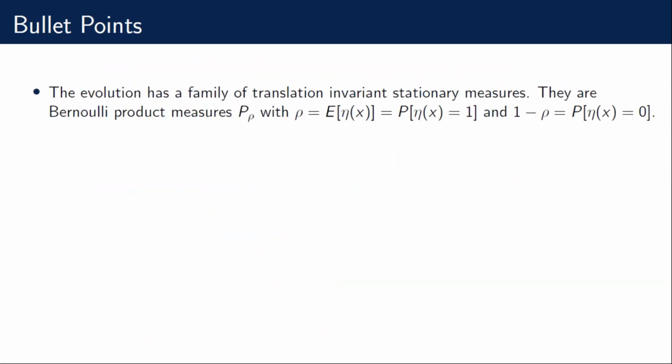This evolution has a family of translation invariant stationary measures. They are Bernoulli product measures, nu rho, where every site is occupied with probability rho and free with probability 1 minus rho. And different sites are independent, so it's a product measure with density rho.